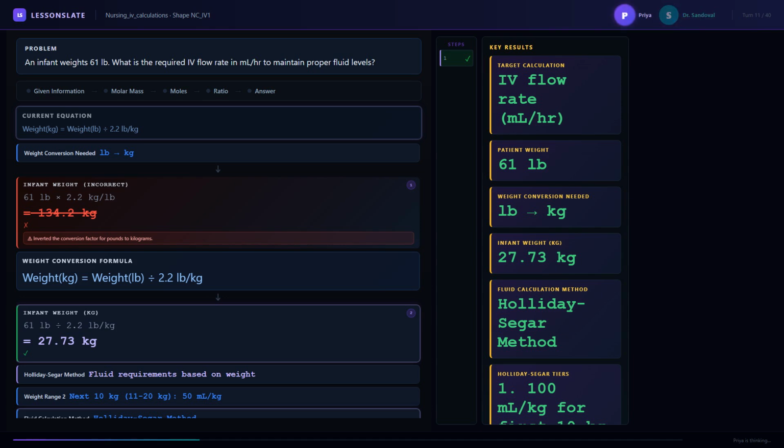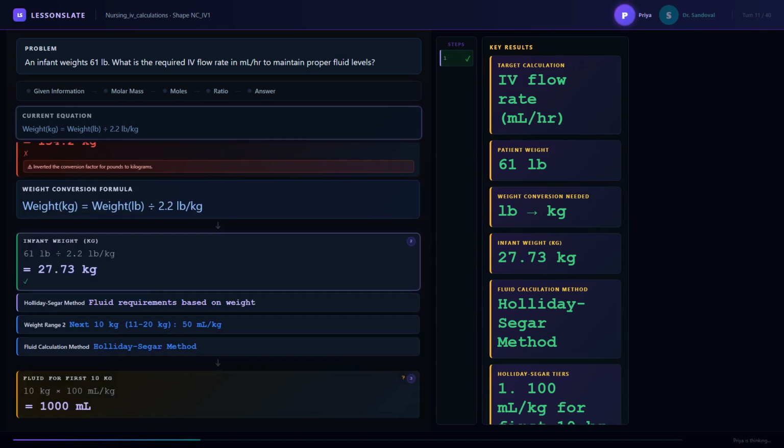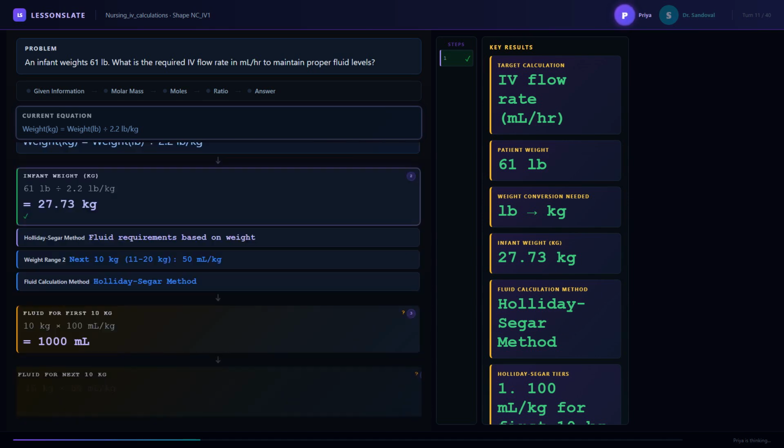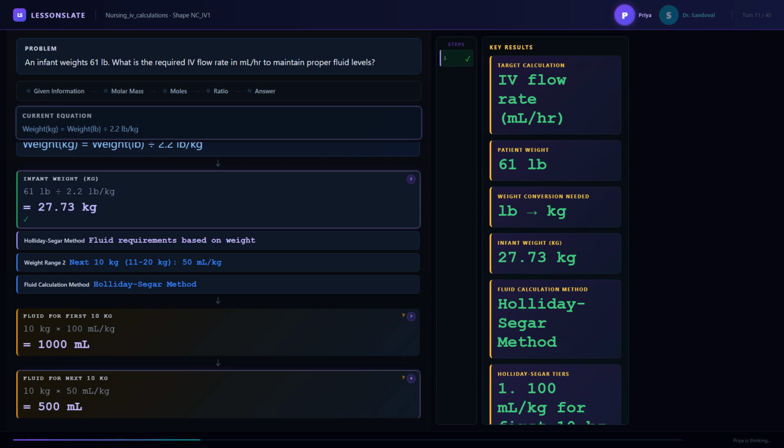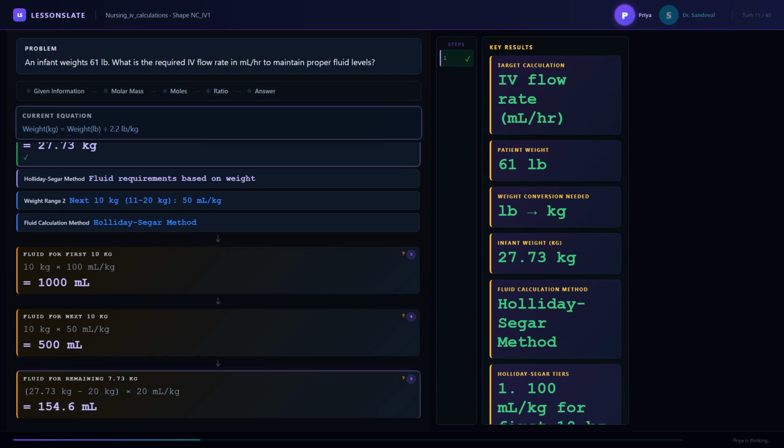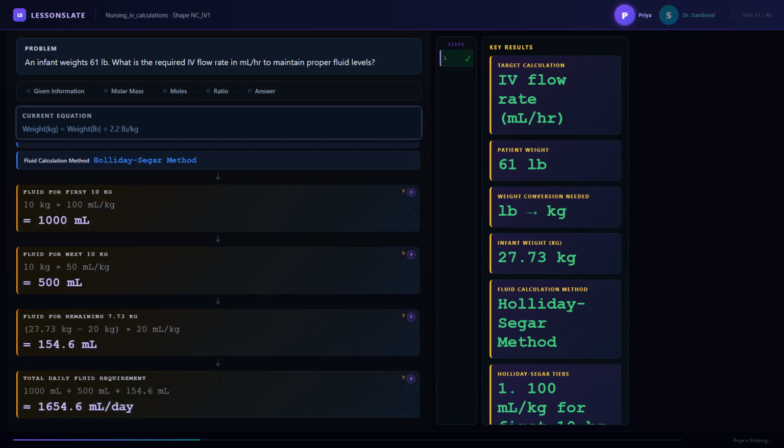Okay, so for the 27.73 kilogram infant, I'd break it down. First, 10 kilograms at 100 milliliters per kilogram is 1,000 milliliters. Then, the next 10 kilograms at 50 milliliters per kilogram is 500 milliliters. So that's 20 kilograms covered.